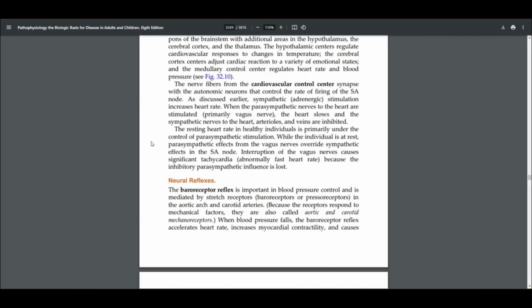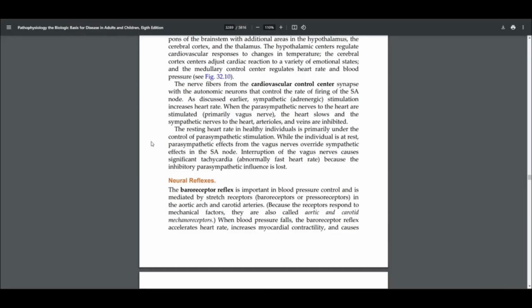As discussed earlier, sympathetic or adrenergic stimulation increases heart rate. When the parasympathetic nerves of the heart, primarily the vagus nerve, are stimulated, the heart slows, and the sympathetic nerves to the heart, arterioles, and veins are inhibited. The resting heart rate in healthy individuals is primarily under the control of parasympathetic stimulation.